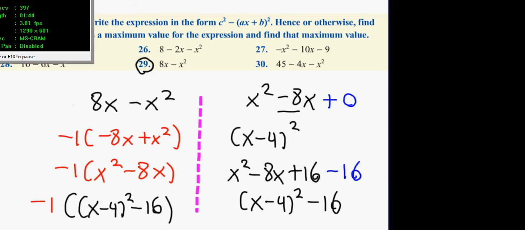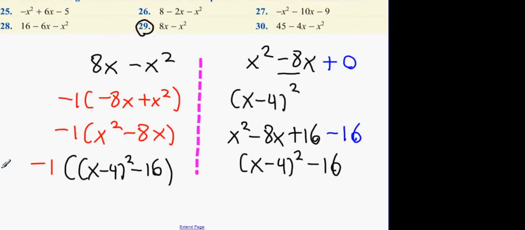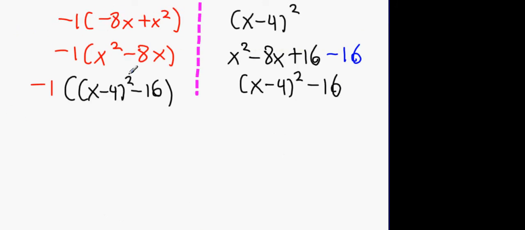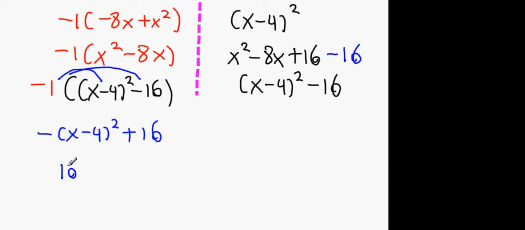You're going to multiply in by it, and when you multiply in, you get minus (x minus 4) squared, and you get plus 16. Put it in front: 16 minus (x minus 4) squared.